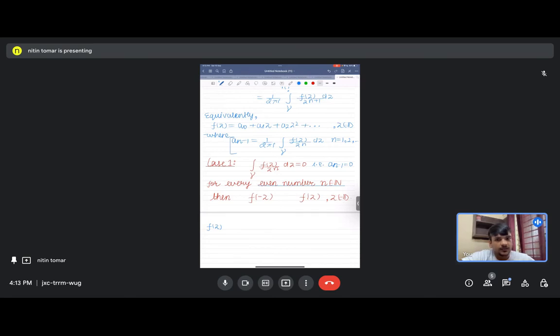So a subscript n minus 1 is 0 for every even number. What does this mean? You put n equal to 2, since the even numbers start from 2. Even minus 1 becomes odd, so a_1, a_3, a_5, all these are 0, right?